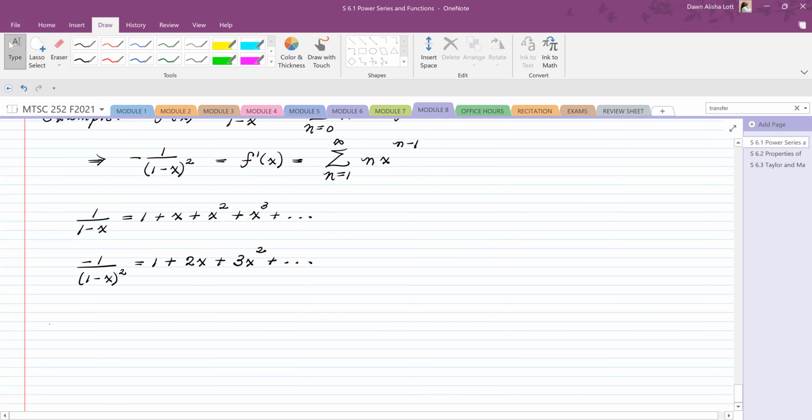Okay. Another example. I haven't shown you this yet. e to the x is the sum n equals 0 to infinity of x to the n over n factorial.